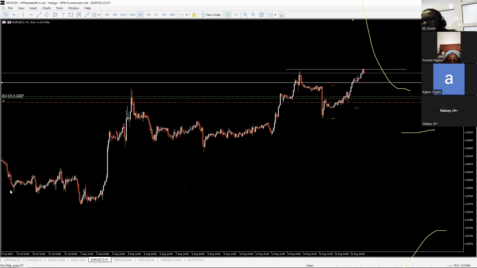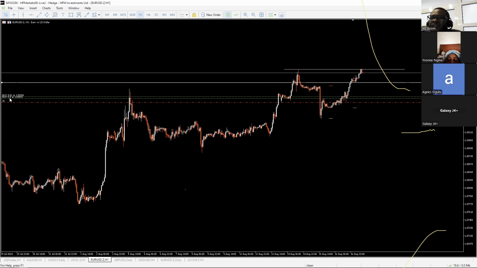If price action moves to this point here. So if we see price action surging, yes, I've seen what I'm looking for.